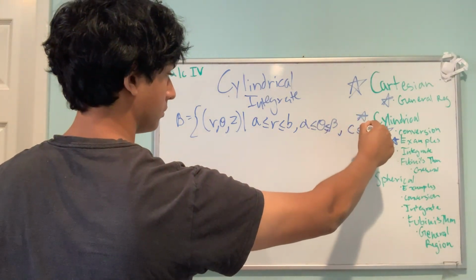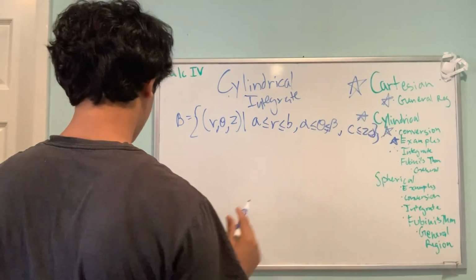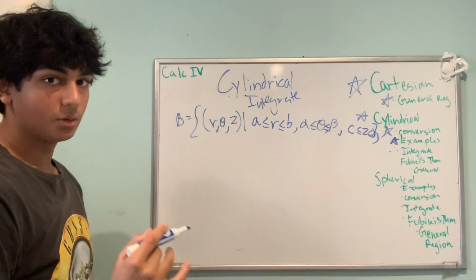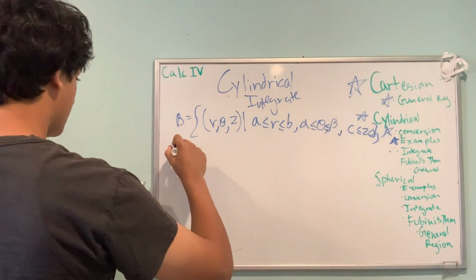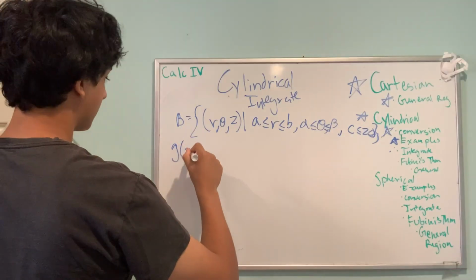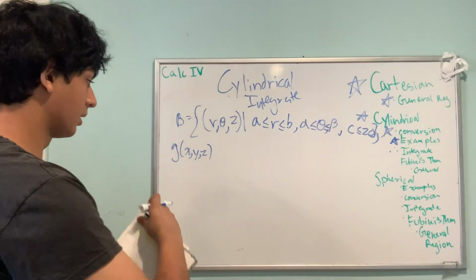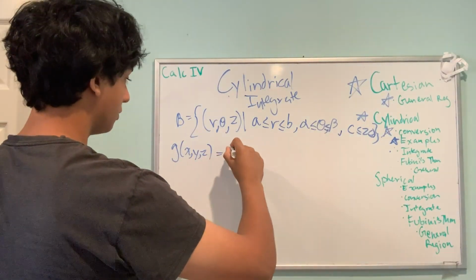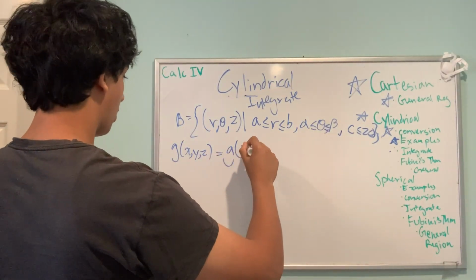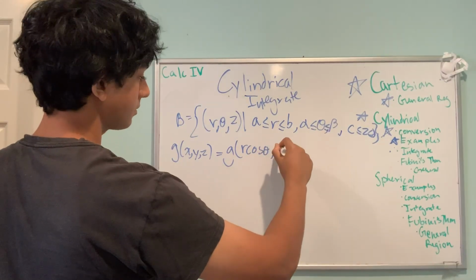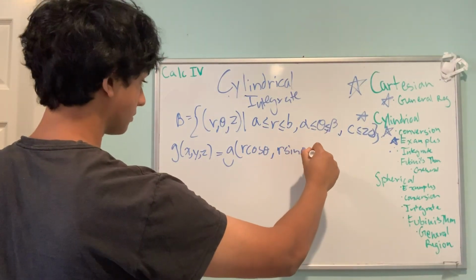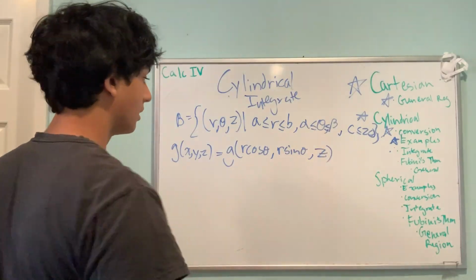So then we can say that g of x, y, z, what it used to be in the Cartesian coordinate system, is now converted to g of r cosine theta, r sine theta, and z.